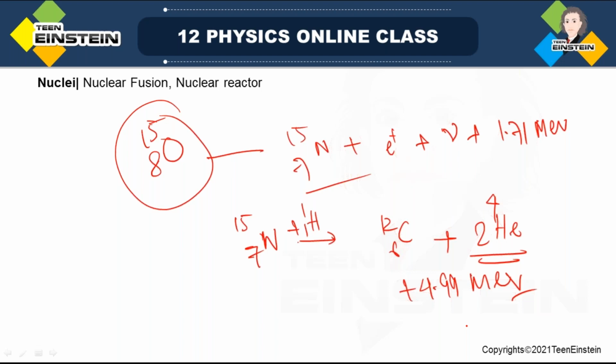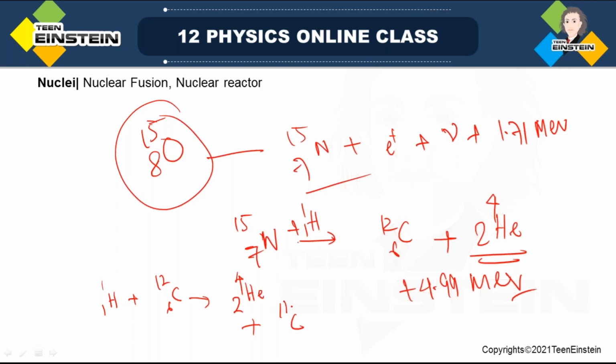If we write this reaction in a single line, what do we have to write? Proton combines with carbon C12, and it gets converted into helium, but in between there are a few reactions we had written already, so we are not writing those.